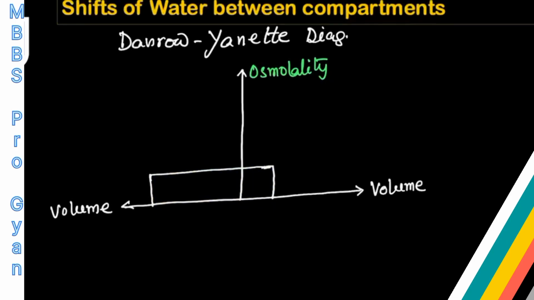But as you can find out, this total body water is divided into two parts. On your right hand side, you can find this smaller volume. This smaller volume is the volume of the ECF, right?